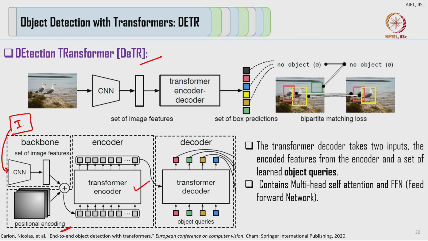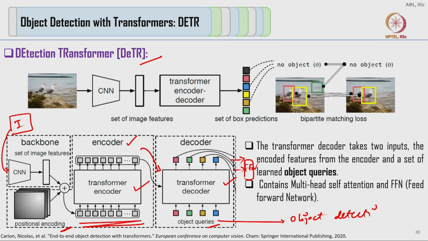Now we pass it through a transformer encoder layer, right, which takes these features and outputs. Then it is fed into the transformer decoder layer along with the object queries. Object queries is something we will discuss in the object detection lecture, right. Now once we have the transformer decoder, it essentially feeds into the fully connected layers, which is the FFN block, right.